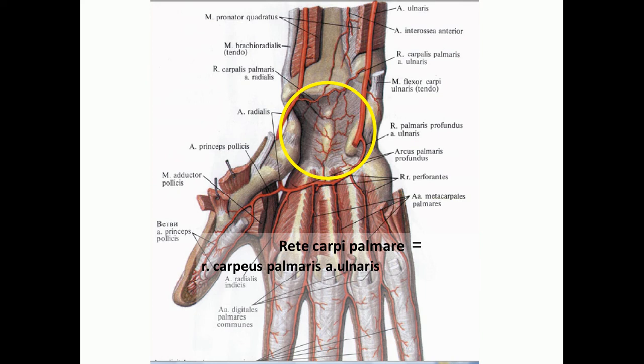Rete carpi palmare equals ramus carpius palmaris from arteria ulnaris. Here it is, arteria ulnaris, and it makes ramus carpius palmaris.